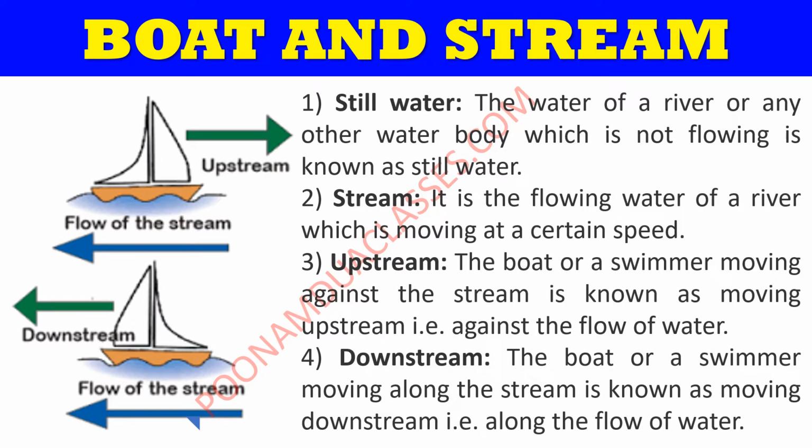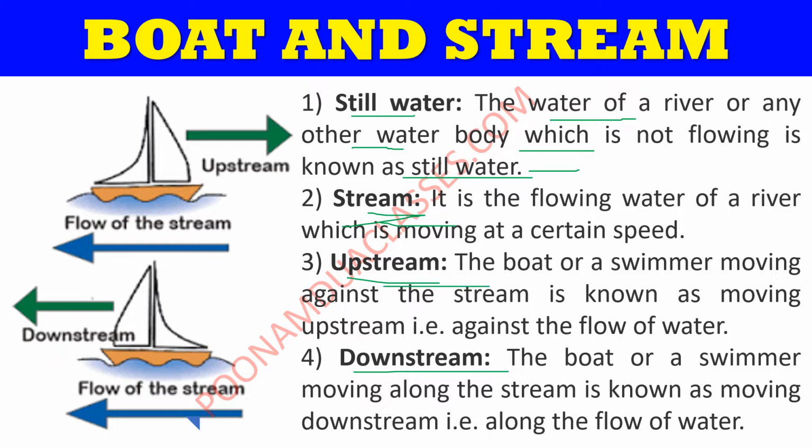Now we need to know some terms. These terms are still water, stream, upstream, downstream. Still water: the water of the river or any other water body which is not flowing is known as still water. Of course, as the name says, if the water is very still, not moving at all, we will call it still water. And the stream is the flow of water. If water is flowing with some speed in any direction, that we will call stream.